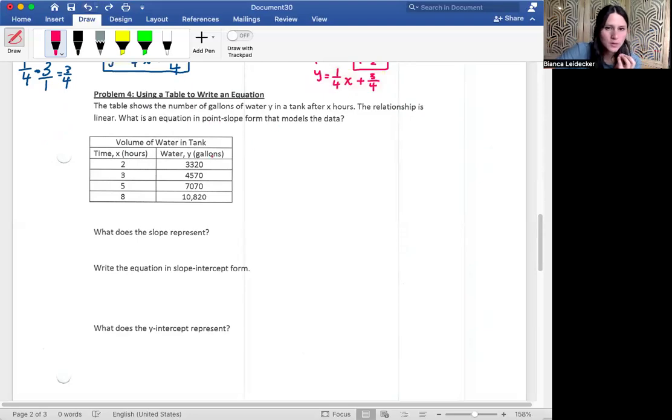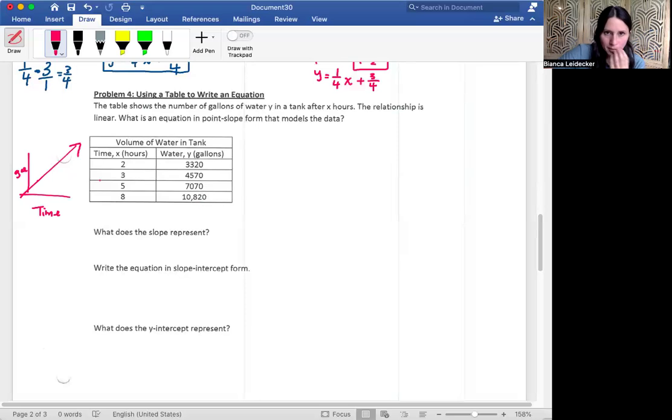So there's a few things we have to think through. If we were to graph this on a graph, we would see a line, probably looking like this. And what's on the bottom here is the time, and what's on the y-axis is the gallons. And as the time goes up, the gallons are going up.